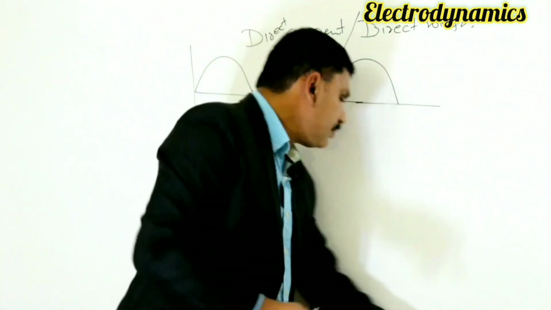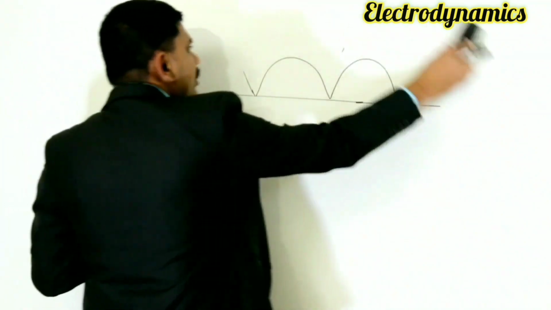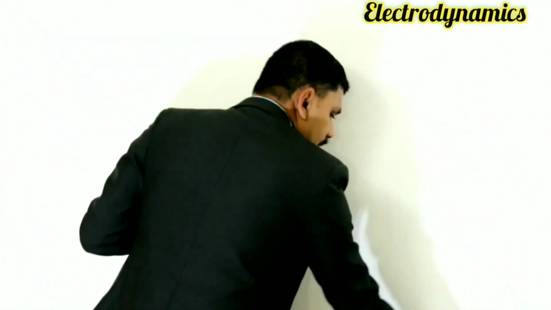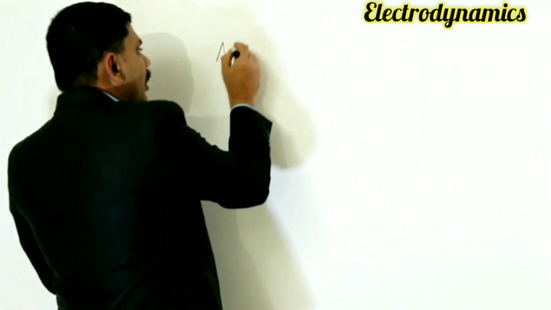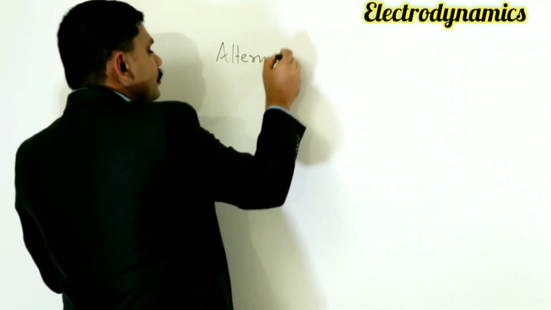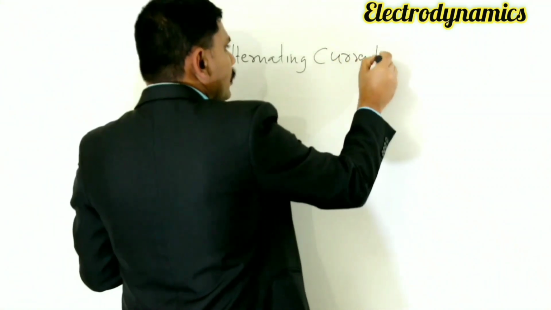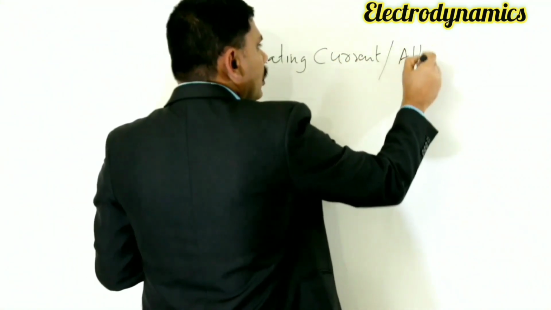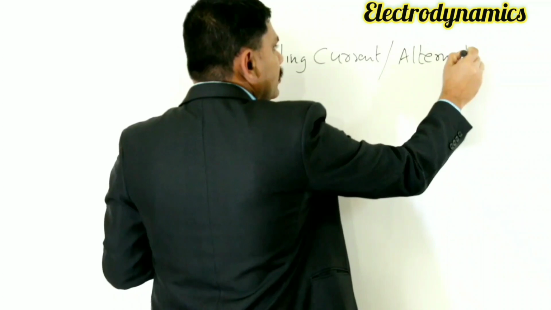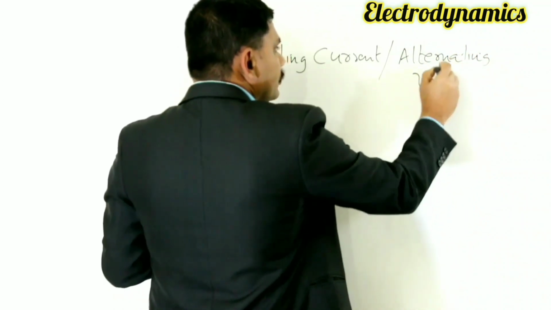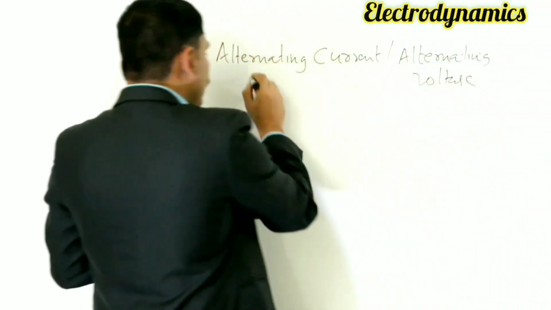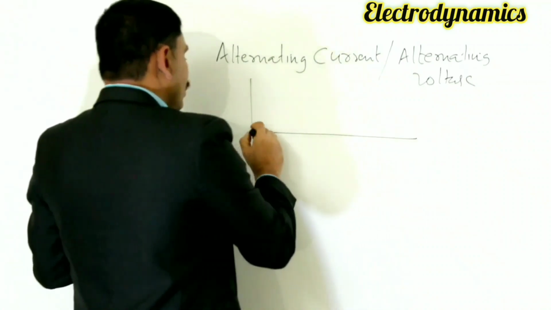But when you consider alternating current or alternating voltage, it can be represented like this.